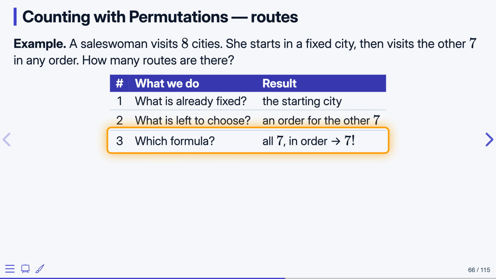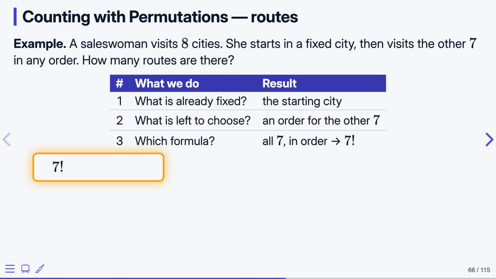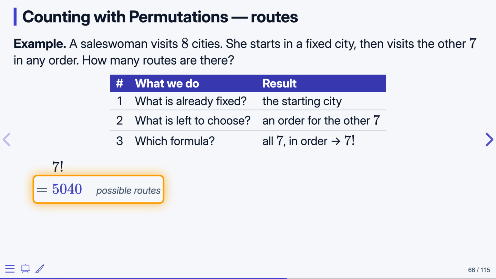We are arranging all 7 in order with no repeats. That is 7 factorial. 7 factorial is 5,040. So there are 5,040 routes to compare. This is a small traveling salesman problem. Add a few more cities, and the factorial grows so fast that no computer can check every route.